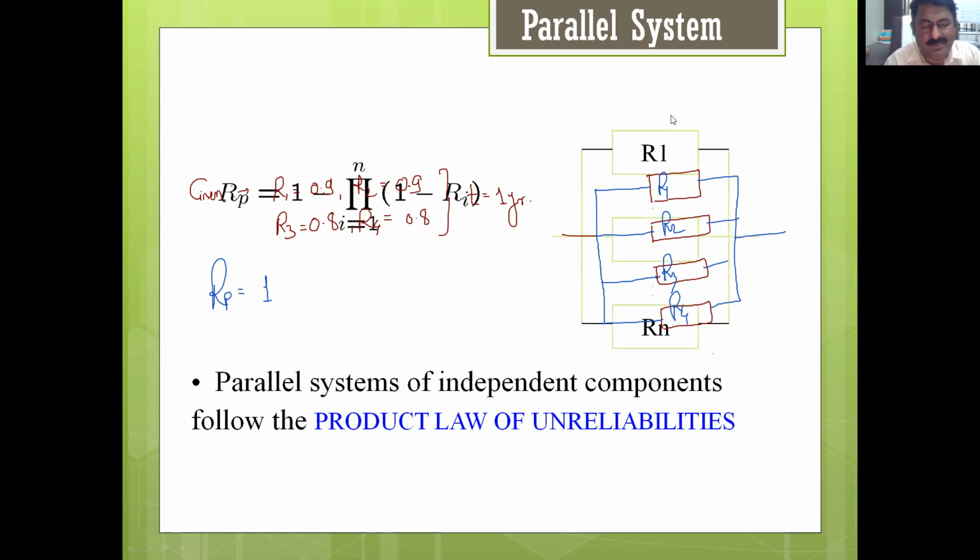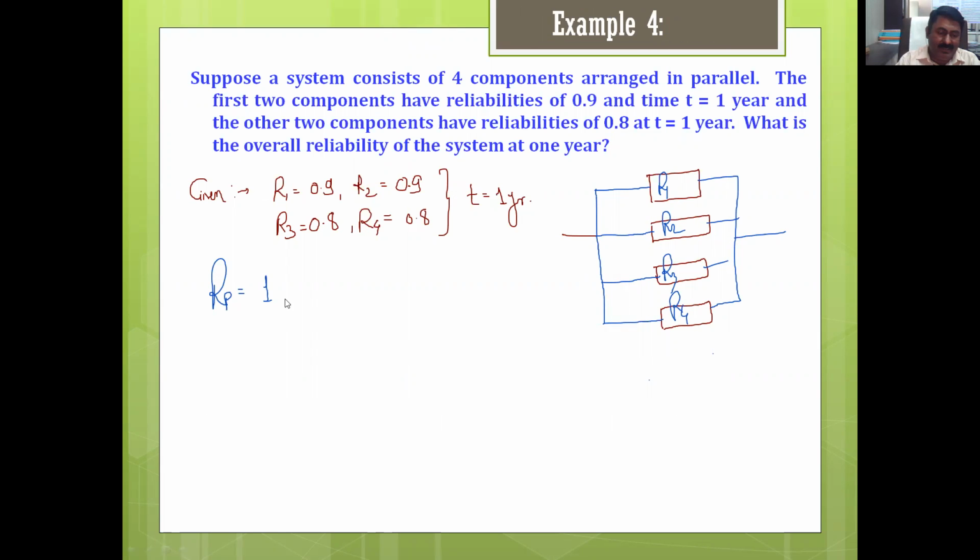So 1 minus the product of 1 minus Ri. So I will directly write here: 1 minus the product of 1 minus R1, 1 minus R2, 1 minus R3, 1 minus R4.